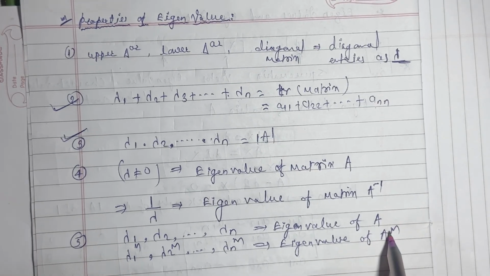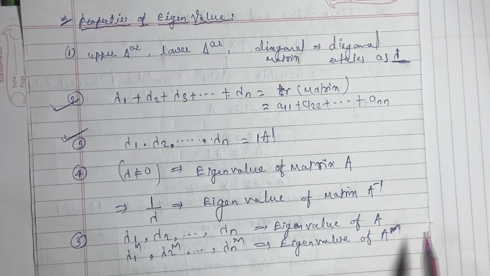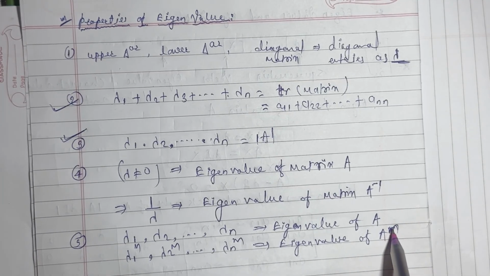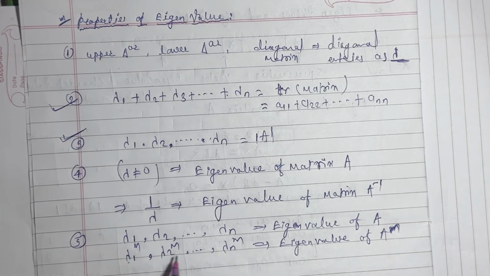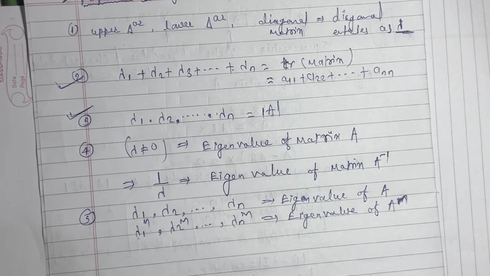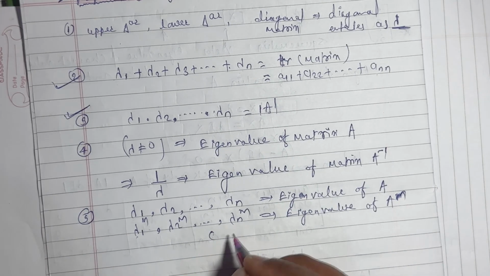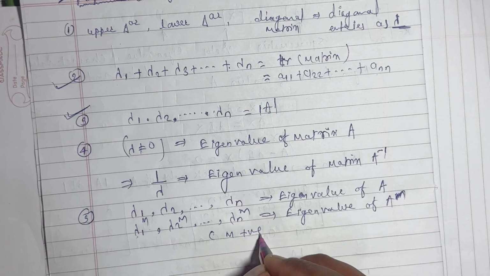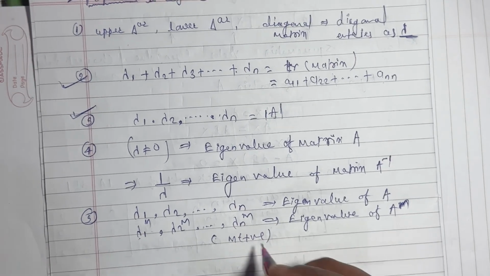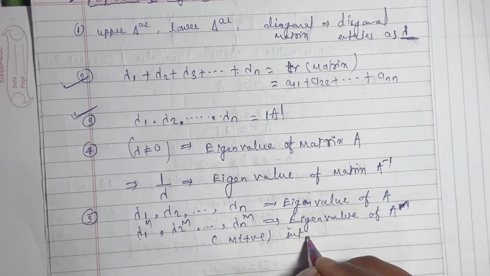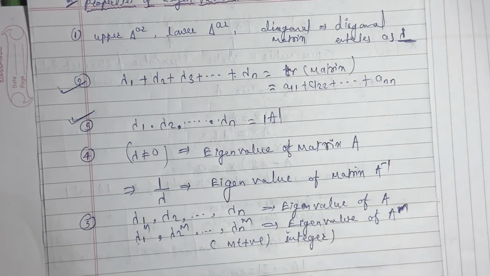That means if you take the second power, third power, or fourth power of the matrix, similarly you have to take that power of its eigenvalues. Always remember that m needs to be a positive integer only, then it is possible.